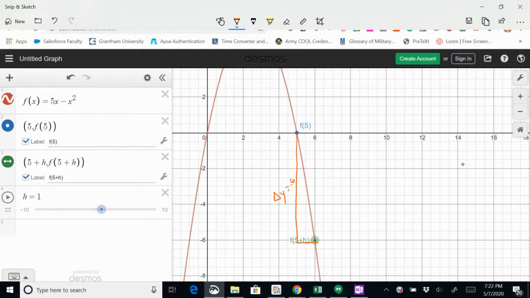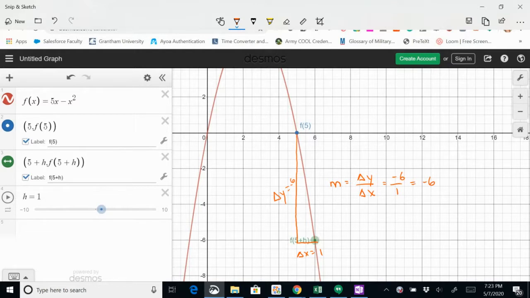And then we went from 5 to 6, so our change in x is 1, because we only added 1 there. So what we got by the formula was -6, and if you use the slope formula here, you get -6/1, you also get -6.